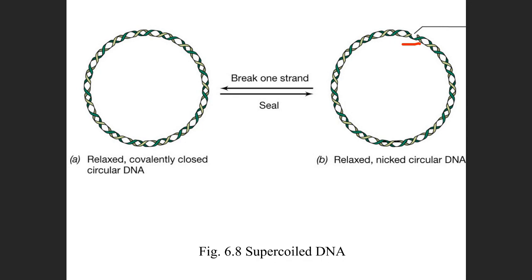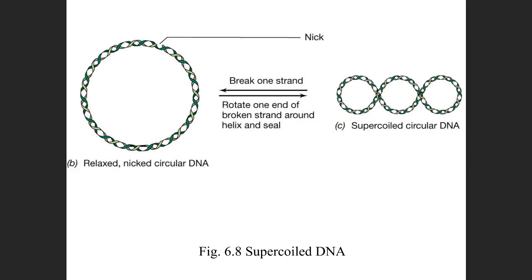They can rotate, right? These phosphoester bonds between oxygen and phosphate can be rotated. And so if you take one end and loop it around, that's where you can form the supercoiling.